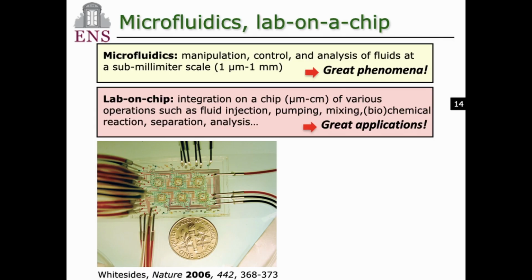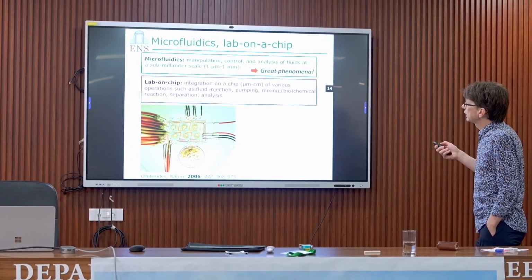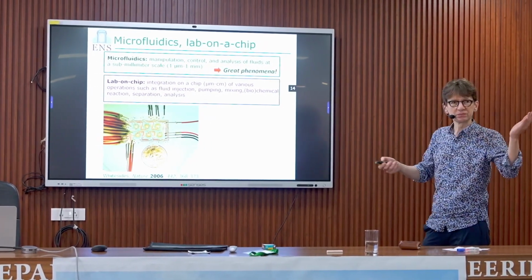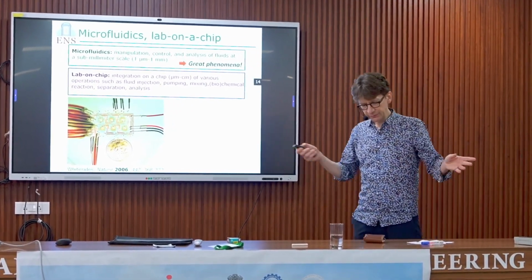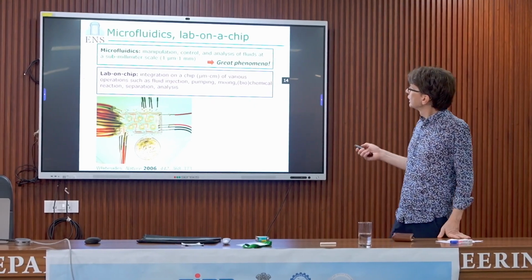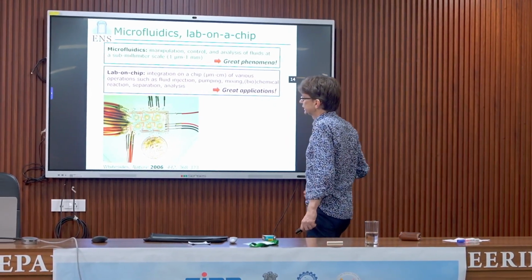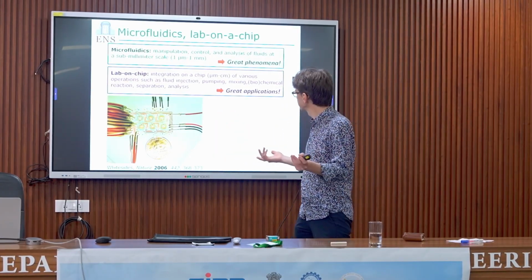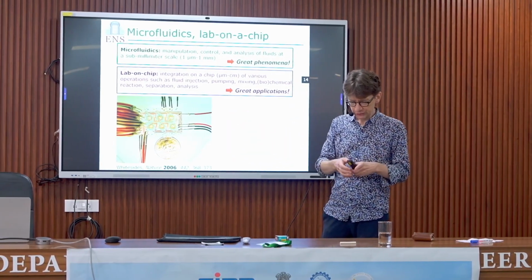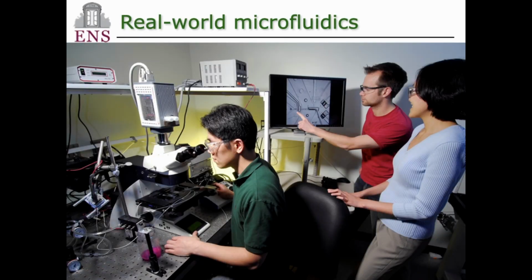So basically what you find in papers is that you can do a lot of things with microfluidics, and then you have great phenomena, and then you have papers reporting it, and then you can integrate many things in a device, and then you have what we call lab on a chip. Okay, you integrate many things. So great applications. So in reality, it can be like that.